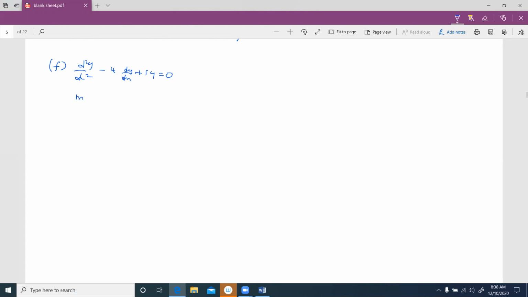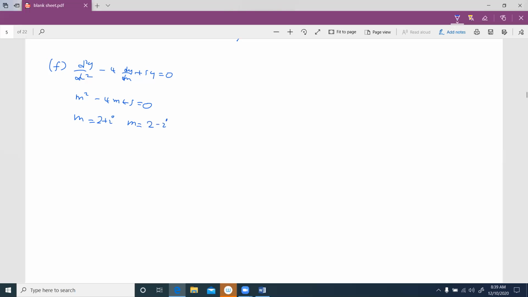So this is the auxiliary equation. We have m squared minus 4m plus 5 equals 0. So here you get the answers: m equals 2 plus i, and another one is 2 minus i.